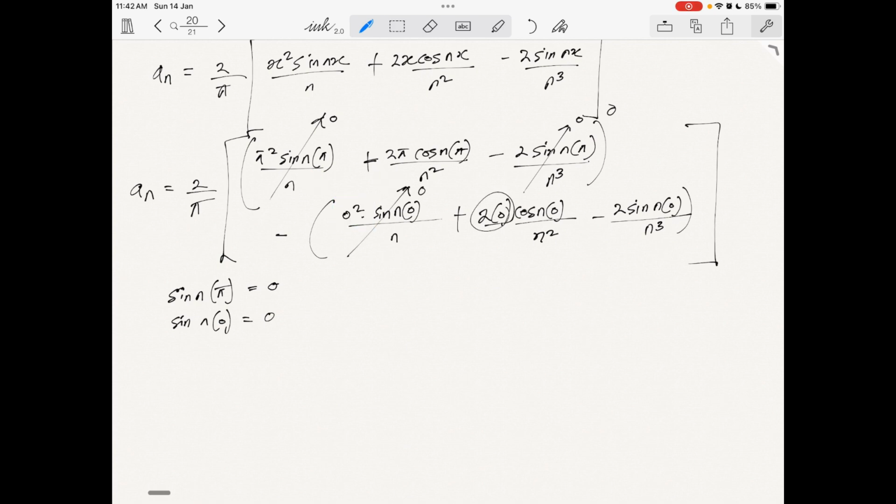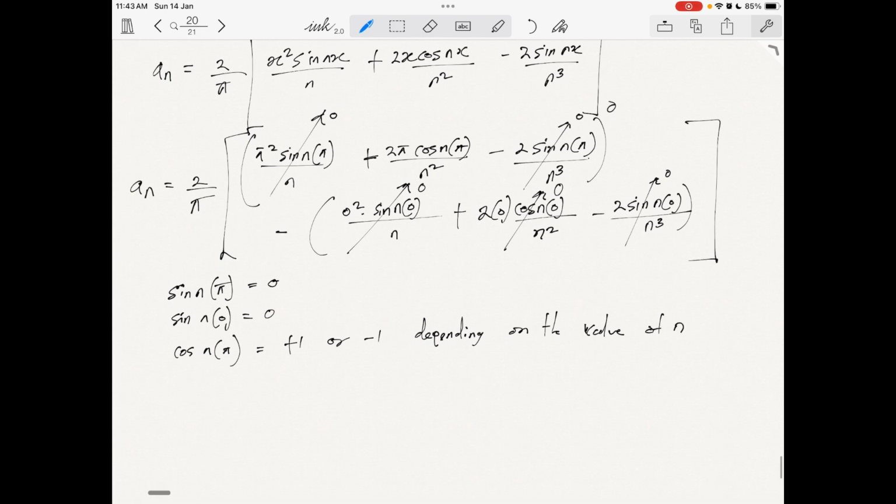This is also multiplied by 0, so this term is 0. This contains sine n of 0, so this term is 0. And cos n pi, as we have here, can either be plus 1 or minus 1, depending on the value of n.